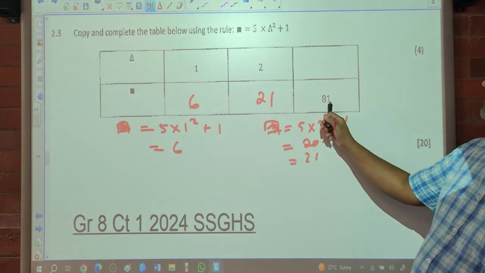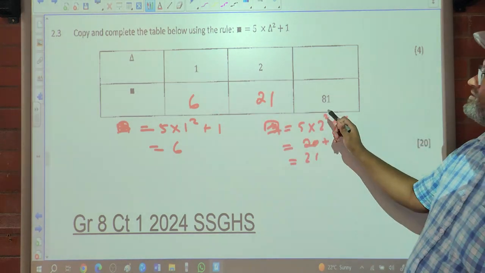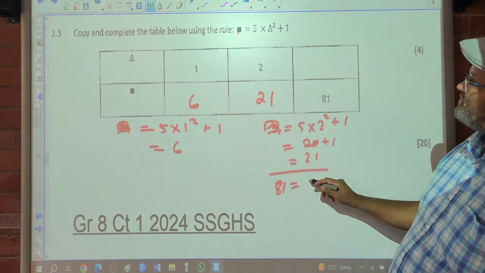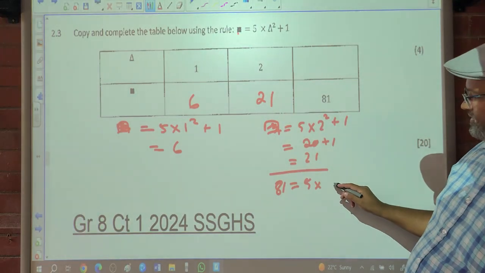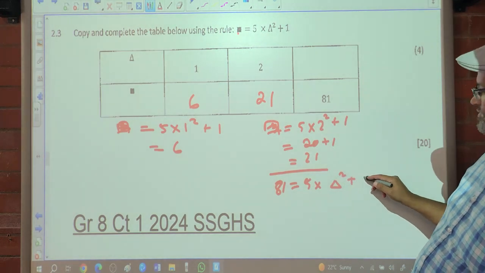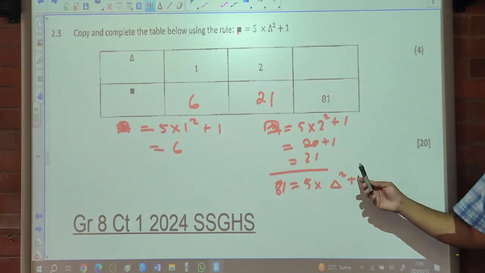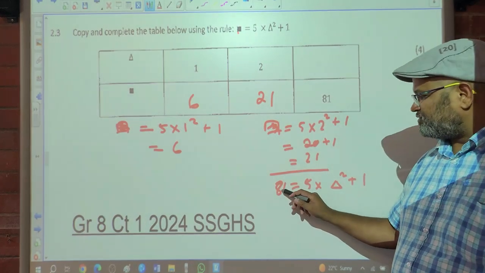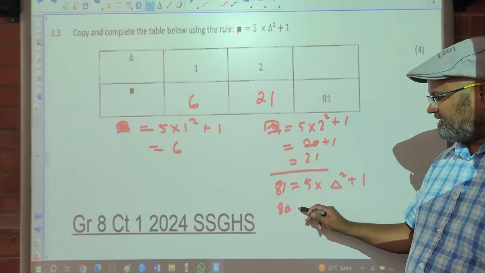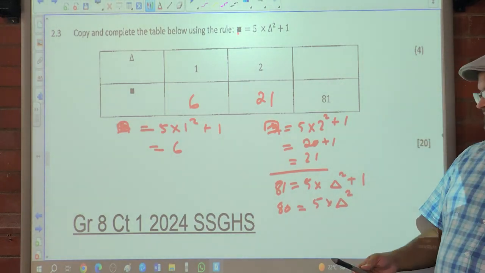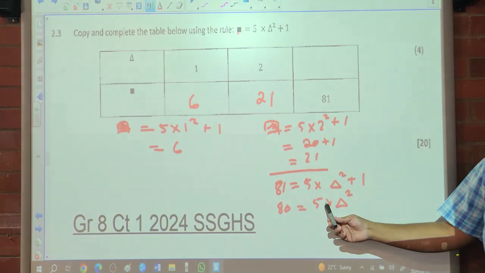Now looking here, your square is now 81. So now we say 81 is equal to 5 times the triangle squared plus 1. How do I get rid of the 1? Minus 1 on both sides. So if I minus 1, what do I get? 80 is equal to 5 times the triangle squared. How do I get rid of the 5?